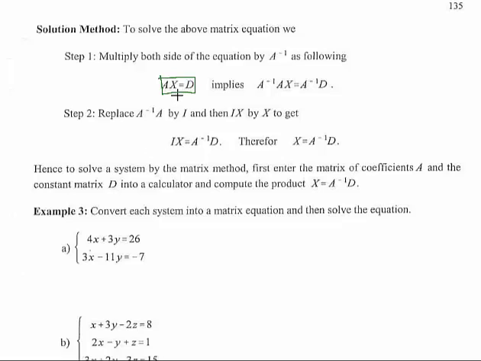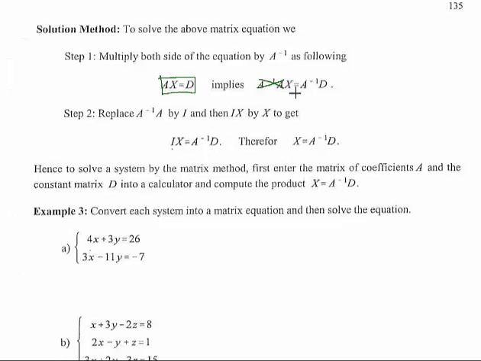And then to solve the equation, we take both the left and the right hand side of the equation and multiply it by the inverse coefficient matrix, A inverse. Here we've inserted the inverse matrix to the left of A. What happens is the A inverse cancels out the A that's there, and we're simply left with the identity matrix times x.